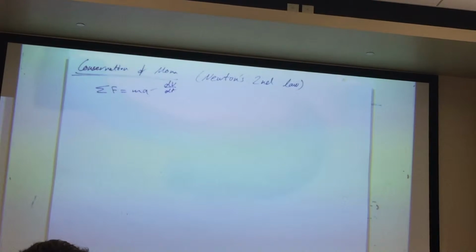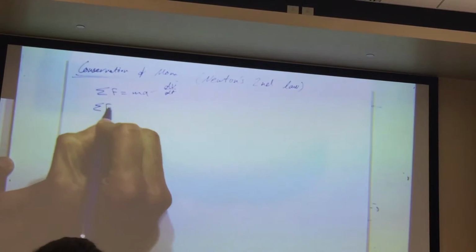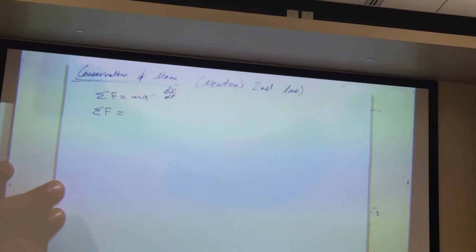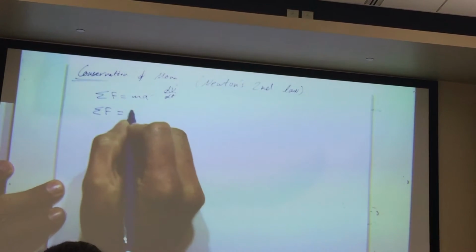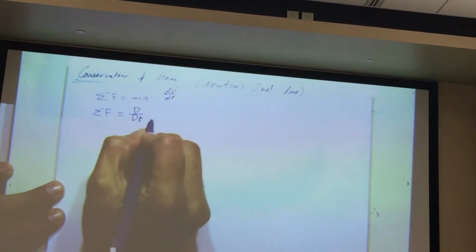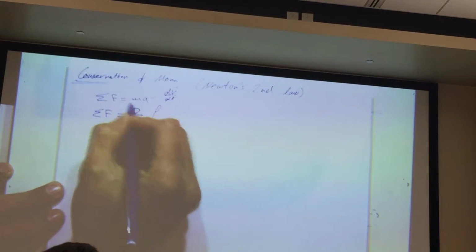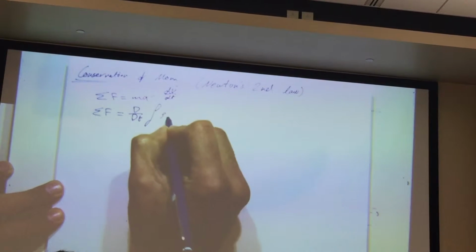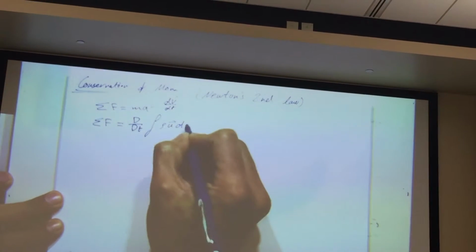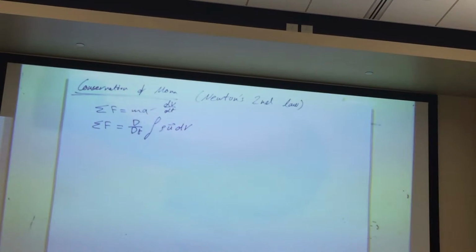So, I can decompose my sum of forces, which we're going to talk about in a second, as equal to the substantial derivative over time, the integral of, this is just mass, so density, velocity, over volume. That's all it is.